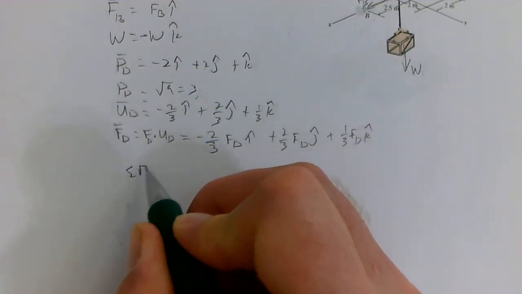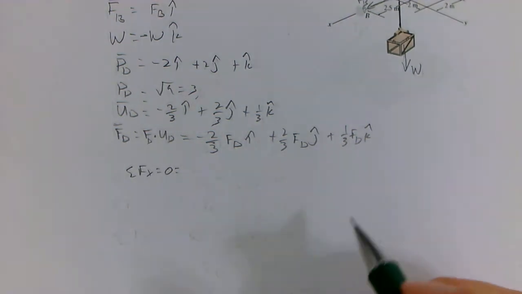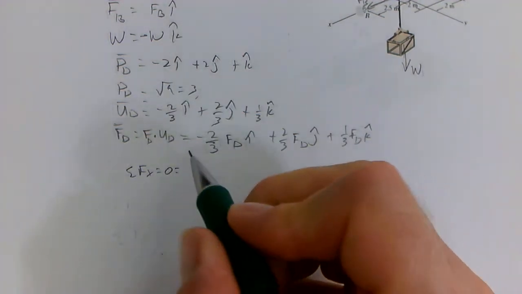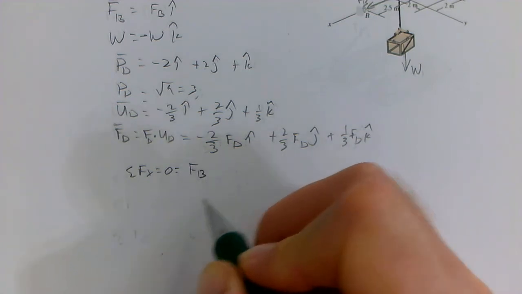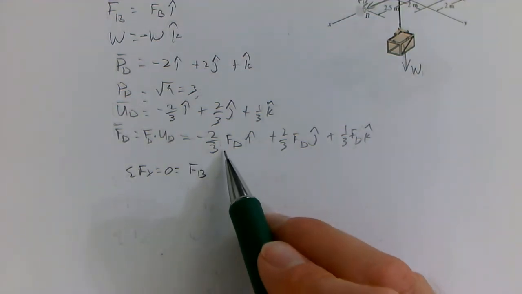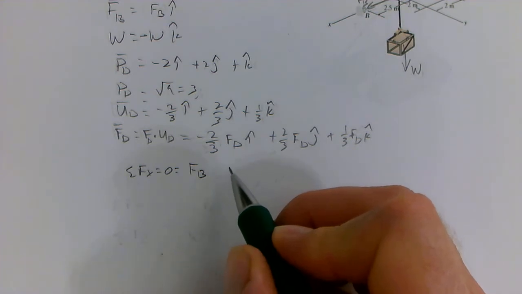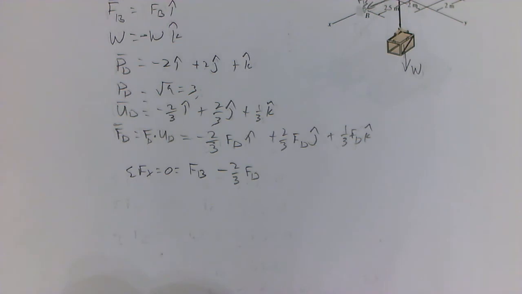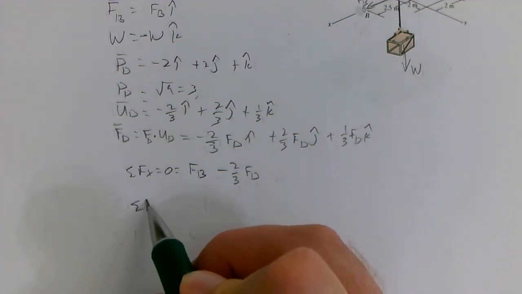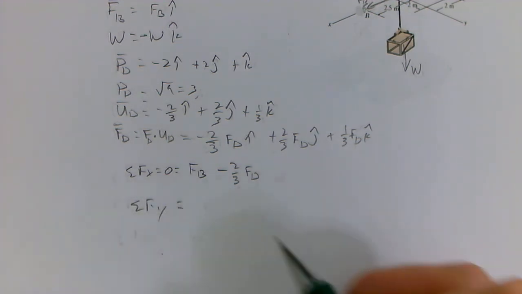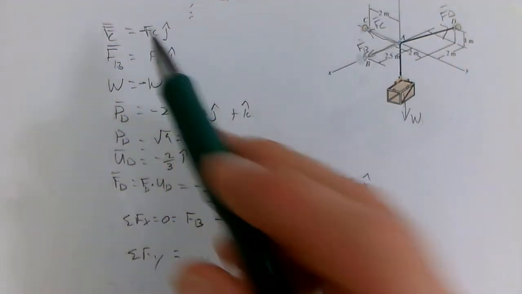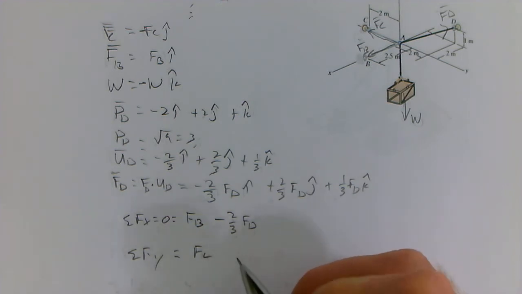So sum the forces in the X equals 0, and in the X direction we have FB, and we have the I component there, so minus 2/3 FD. And if we sum the forces in the Y direction, we have FC, and that's negative.